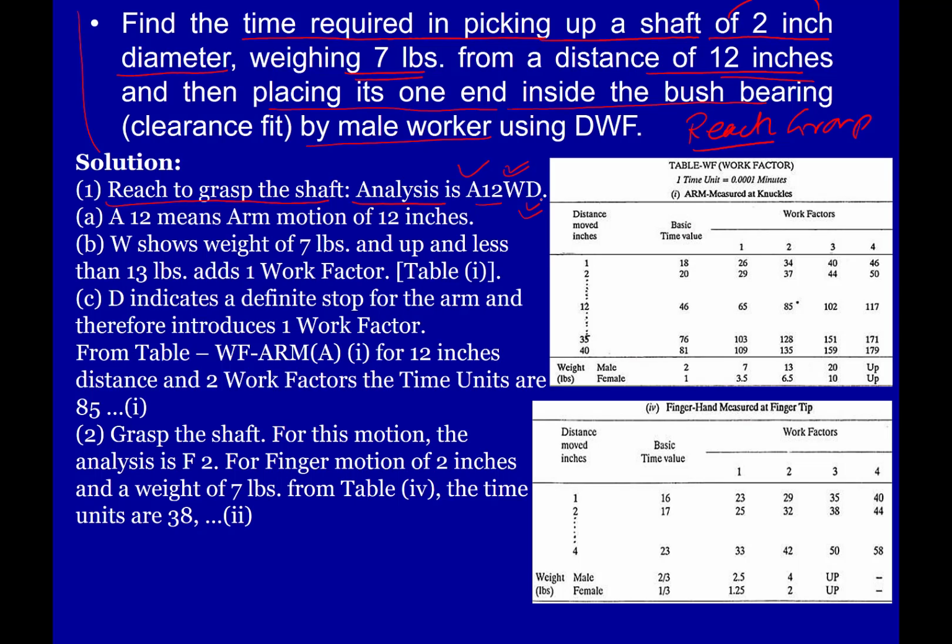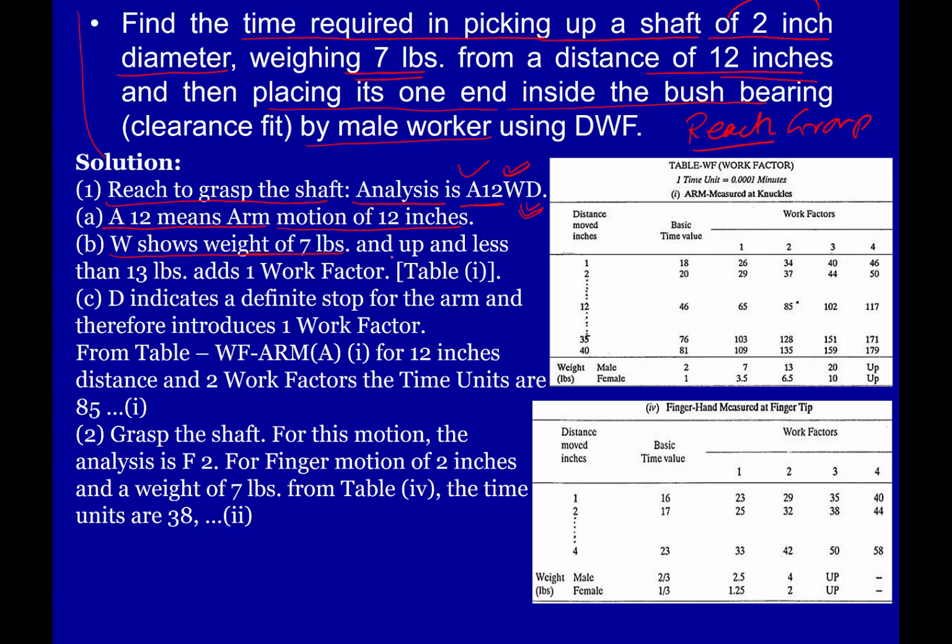So the arm has to move and reach the shaft and then stop so that it can be grasped. So it is being analyzed as arm movement by 12 inches for a weight of 7 pound shaft and with a definite stop D. A means arm motion of 12 inches, and the weight is 7 pounds.